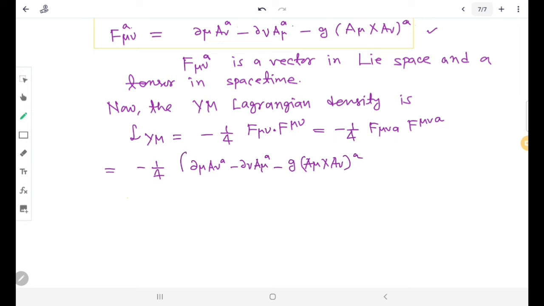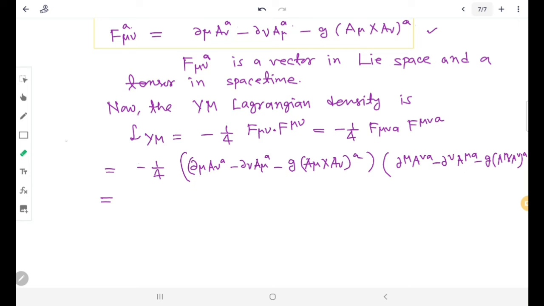Let me make it a big bracket, and also we shall have here a big bracket closed, and partial mu A nu A and partial nu A mu A minus g A mu cross A nu A. So we can expand it further.